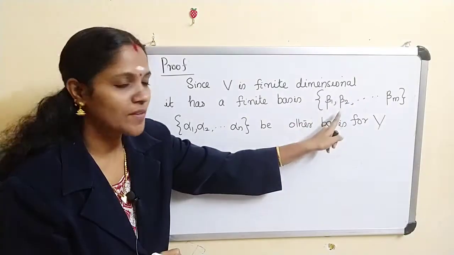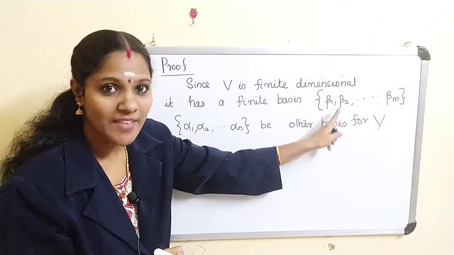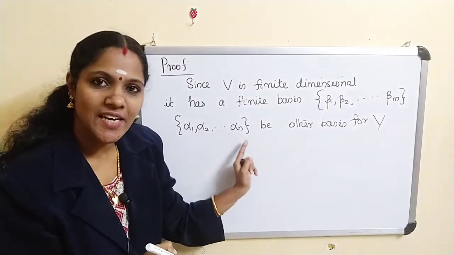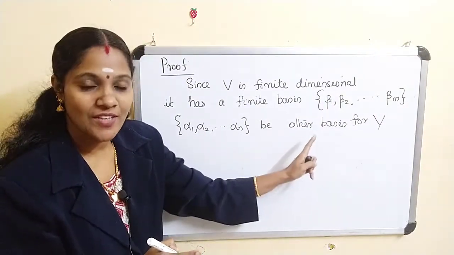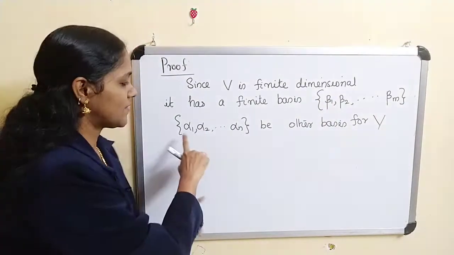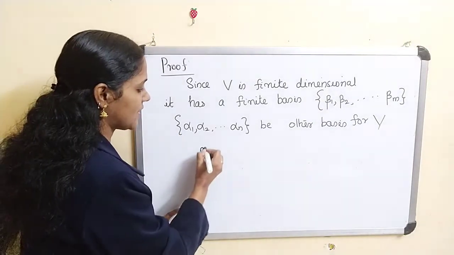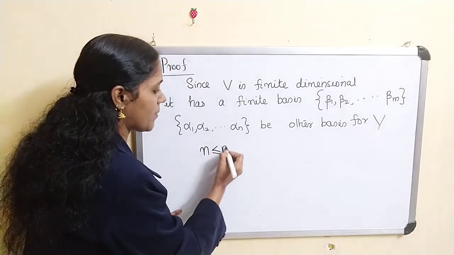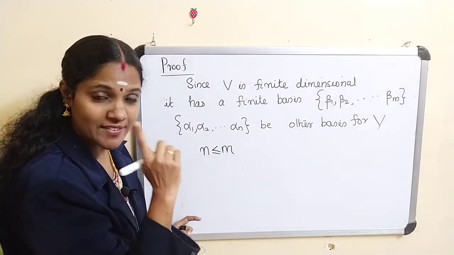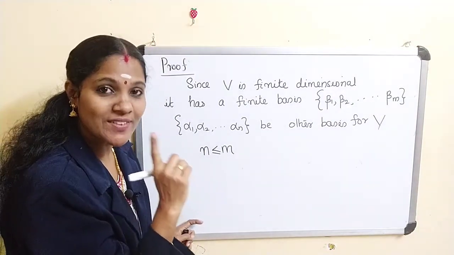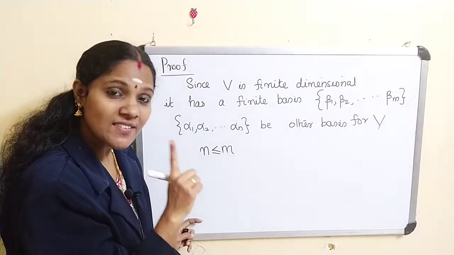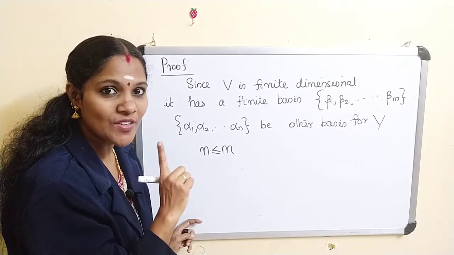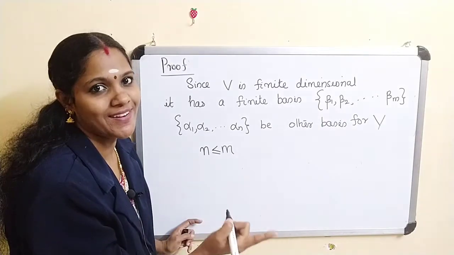As this is a basis, this spans V and it contains m elements, and this is a linearly independent subset of V. So using our theorem, n is less than or equal to m, because if a set is spanned by beta 1, beta 2, etc., beta m, then any linearly independent set in V contains not more than m elements.